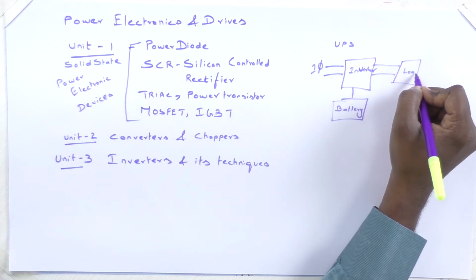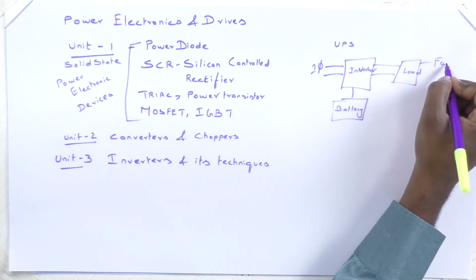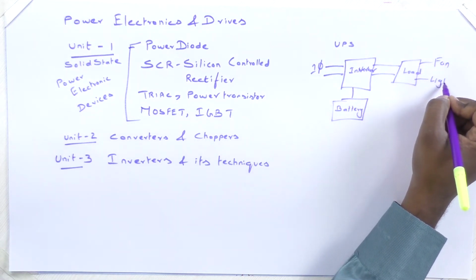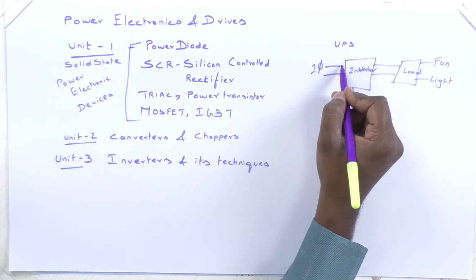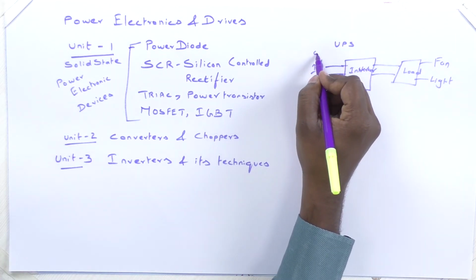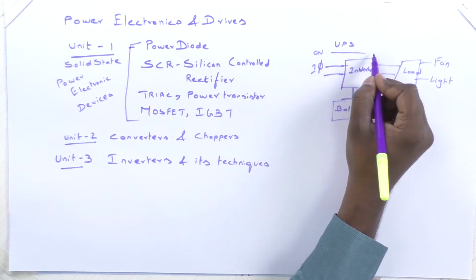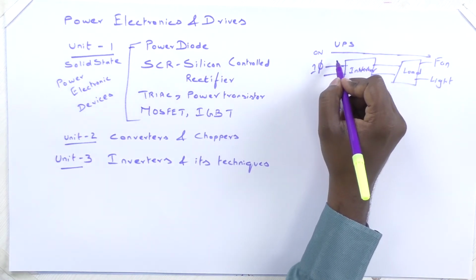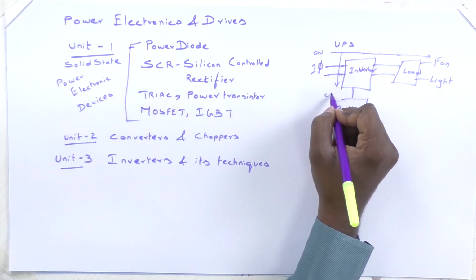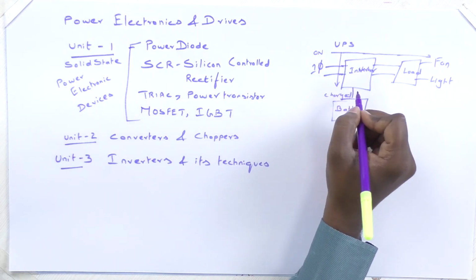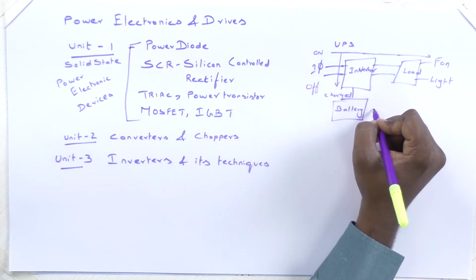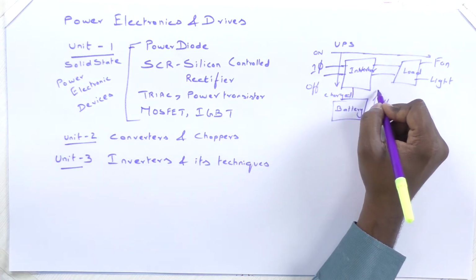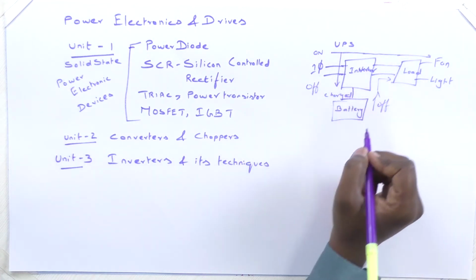Loads means that you might have a fan, you might have a light. So when the supply is on, usually it will just go through it and I'll send it to the load here. And at the same time, I'll charge the battery. Battery will be charged. Whereas when it is off, the battery will supply to the load. It will go through the inverter.